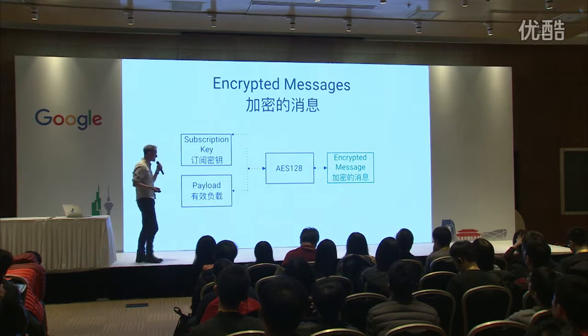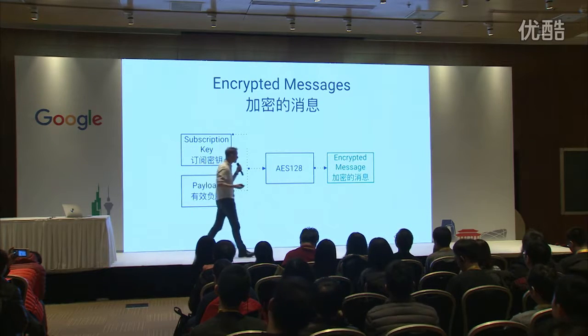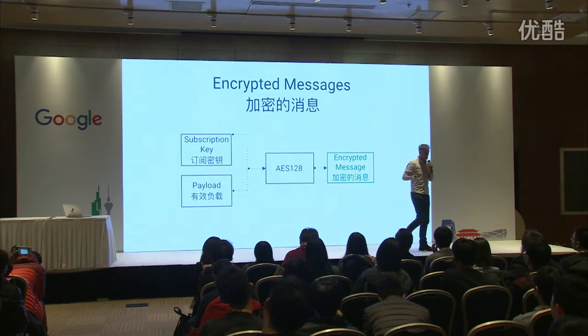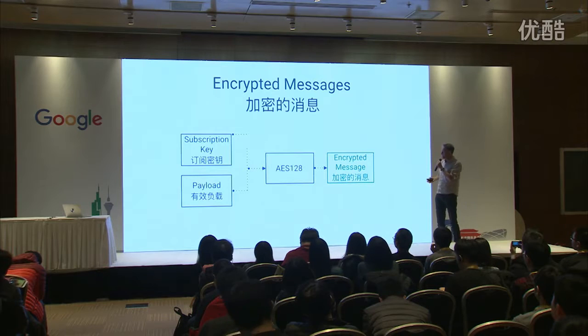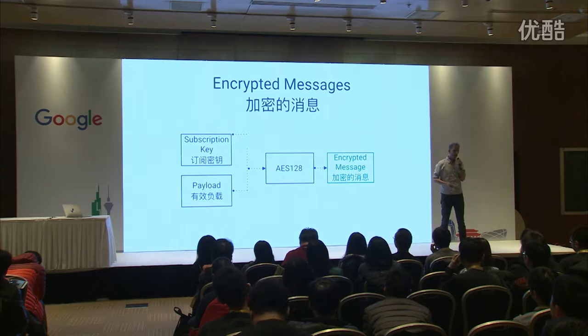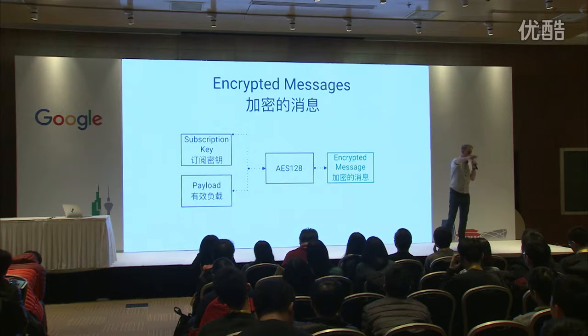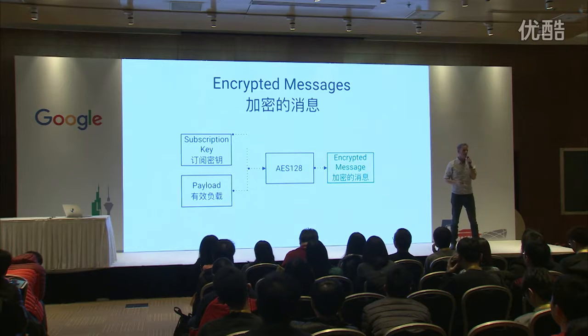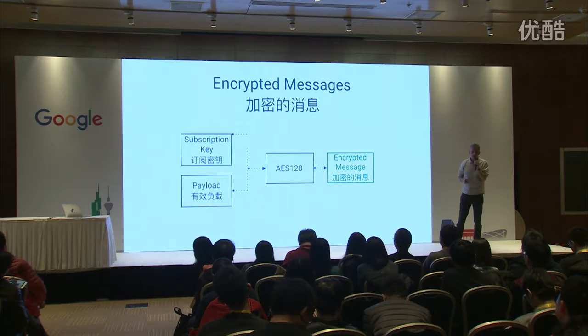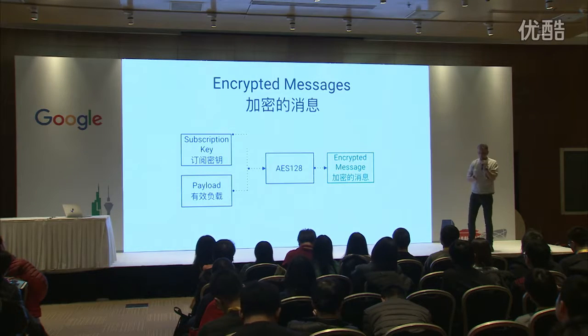Now, like I said, we have the web push protocol, which is really nice because it standardizes the process of sending messages. The core part of this is that messages must be encrypted. We need the whole communication flow to be encrypted from start to finish. So when you send a message from your web server to the push service, that message must be encrypted.